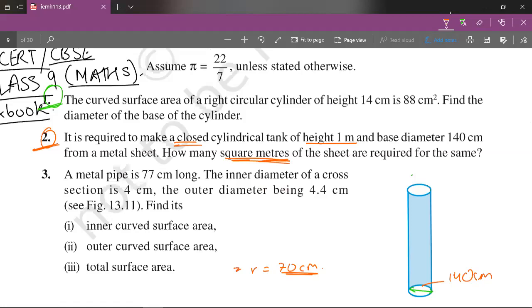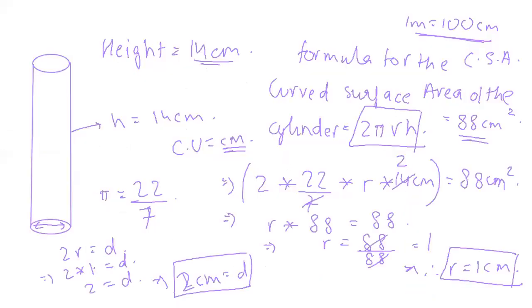It is required to make a closed cylindrical tank of height 1 meter and base diameter 140 centimeter from a metal sheet. So let's start the calculation. Let's clear all this. First, we'll make a cylinder. So we have made a cylinder. Okay. Now the question has given us some information, so write down the information after completing the figure.